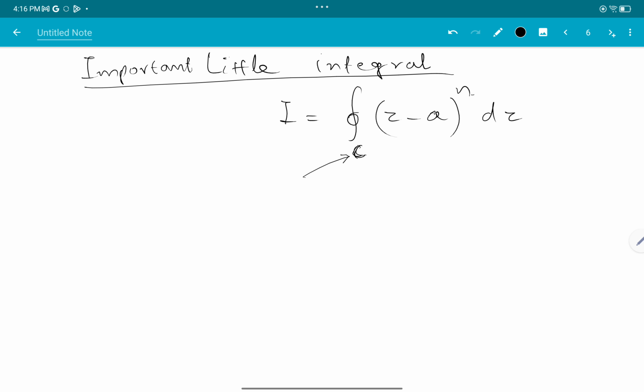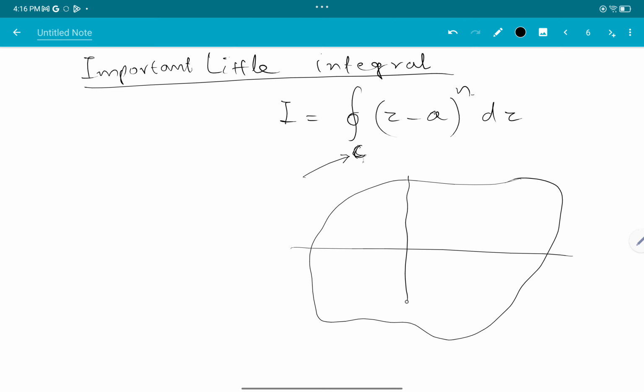There is one more thing: this curve lies in the domain of this function. The function is analytic on this curve and in the region inside the curve. So suppose we have this region and any curve, which I call C. The function should be analytic at every point of this curve and inside it.